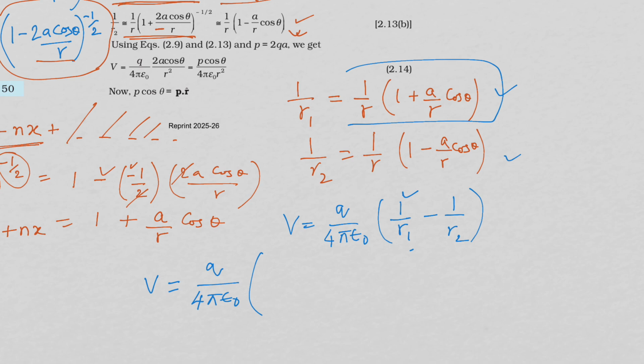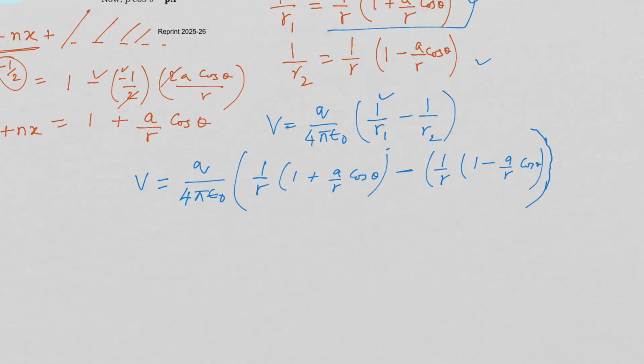So this expression is 1 by r times 1 plus a by r cos theta, and then minus 1 by r times 1 minus a upon r cos theta. So we need to expand it.